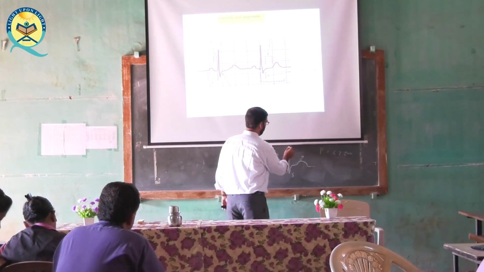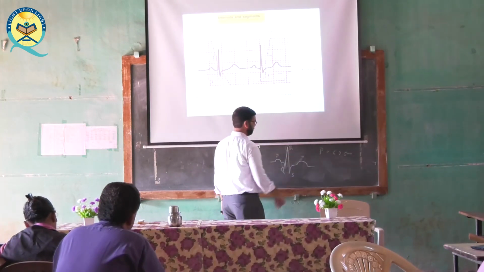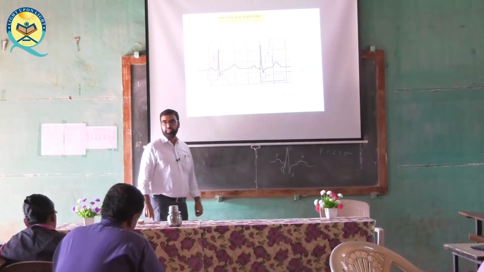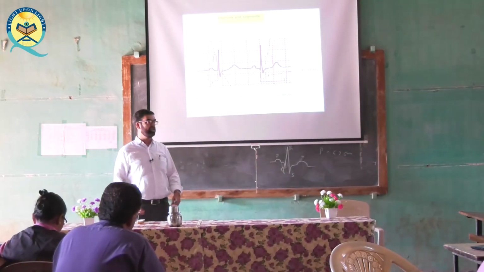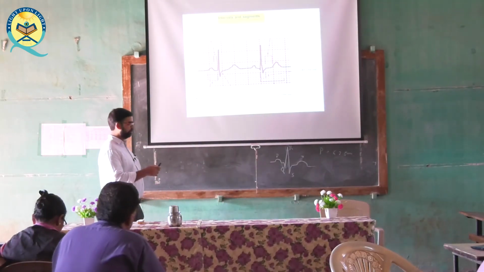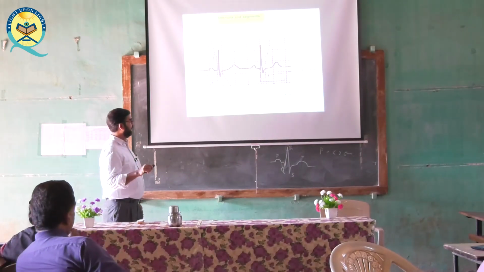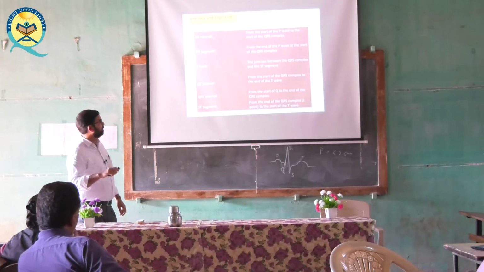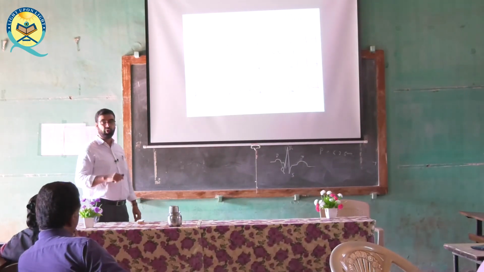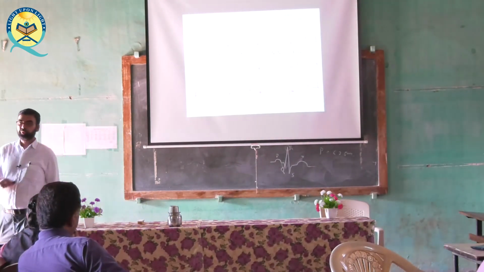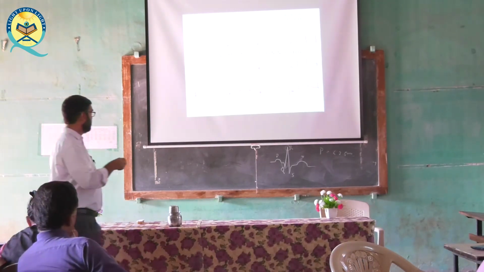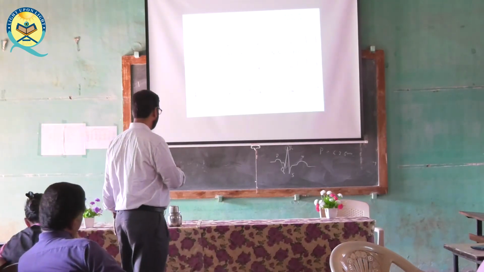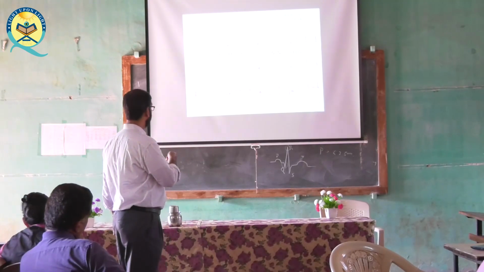Number third wave is R wave. The amplitude of the R wave differs according to the lead. You can see here the amplitude of the R wave in lead 1.